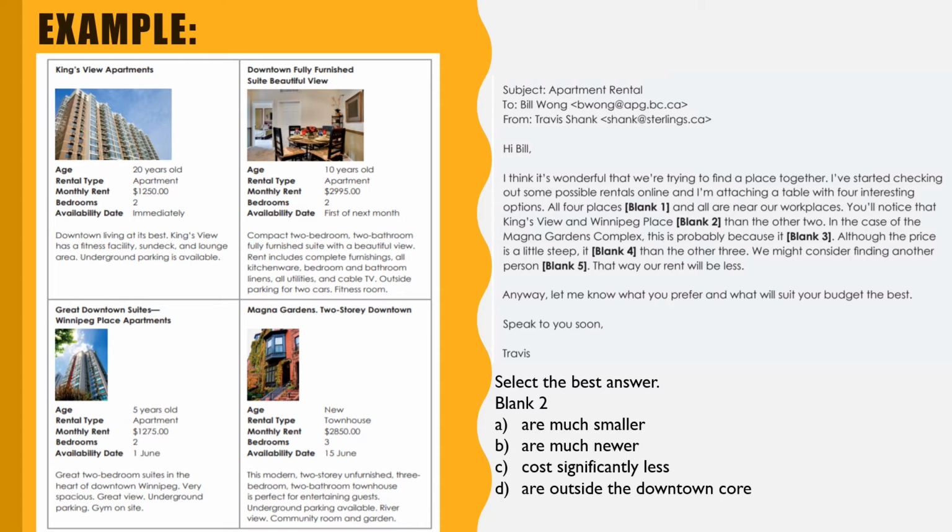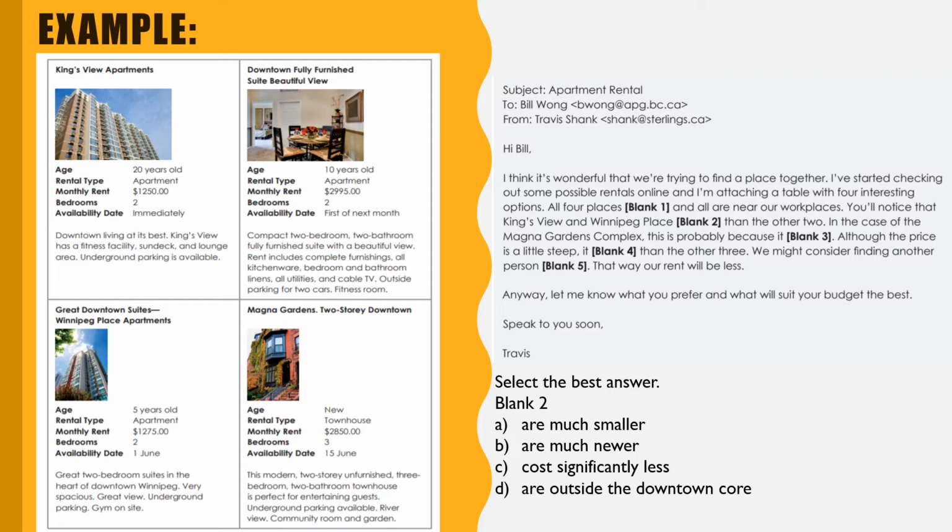Keeping the answer option in mind, scan the diagram again to find the identifying factor. In this example, you should be able to recognize that Kingsview and Winnipeg Place are much cheaper than the other two. Their rentals are much cheaper. Therefore, answer C. The question says, select the best answer for blank 2.